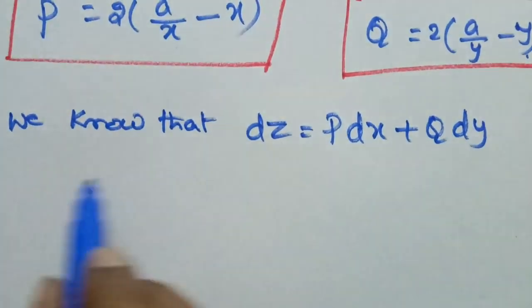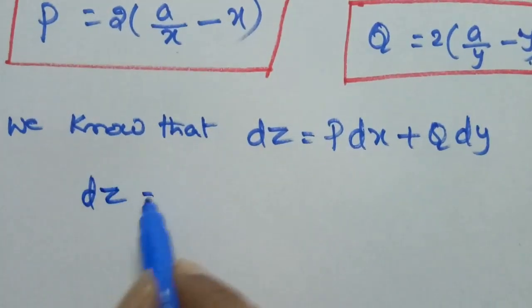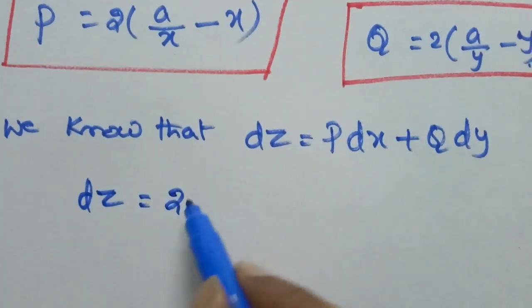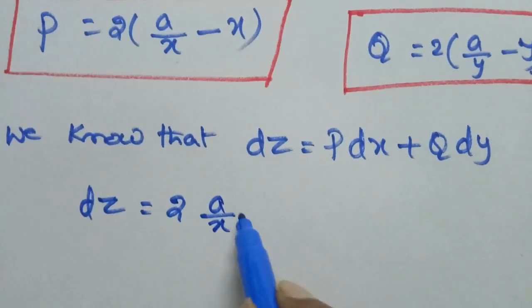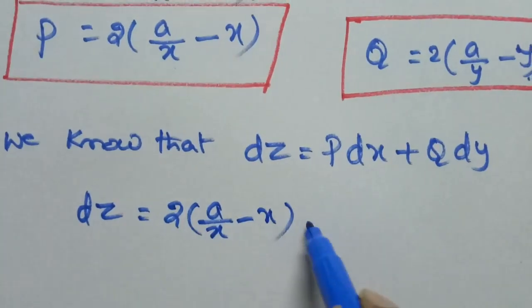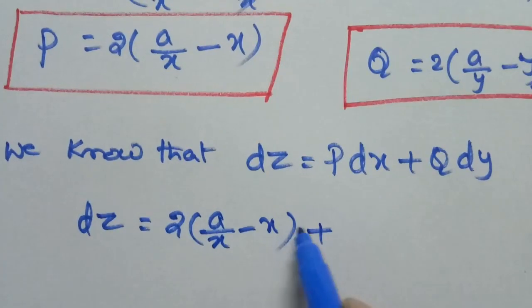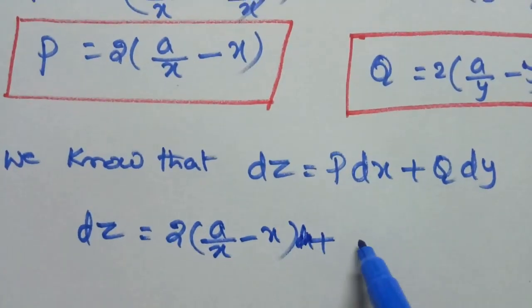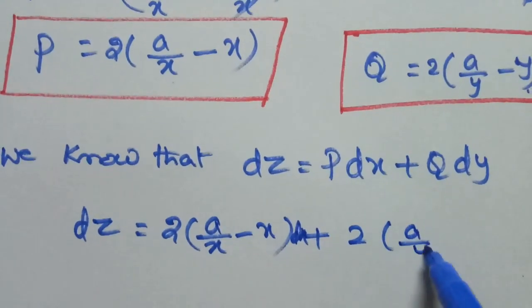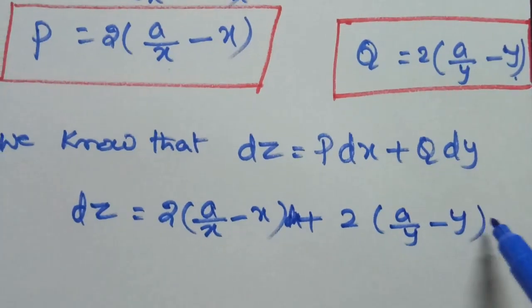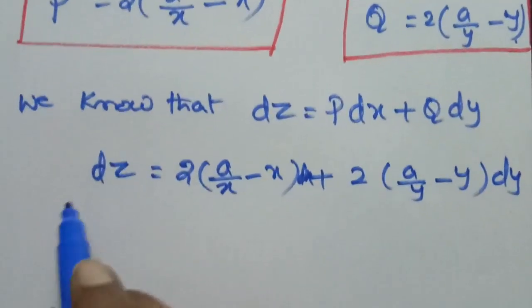So, dz is equal to 2 into a by x minus x into dx plus 2 into a by y minus y into dy.